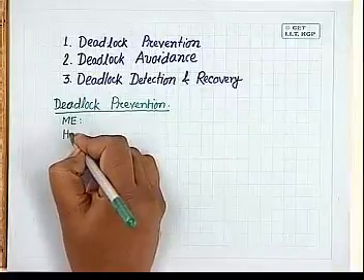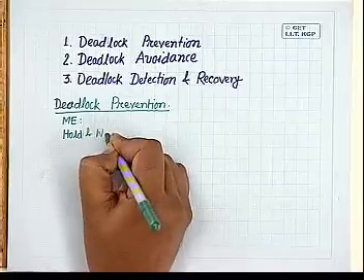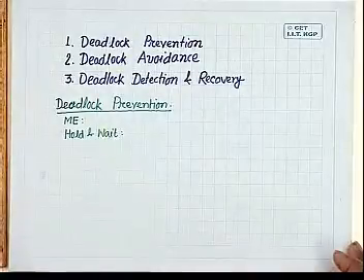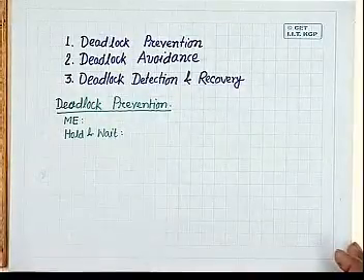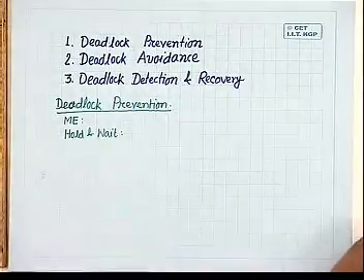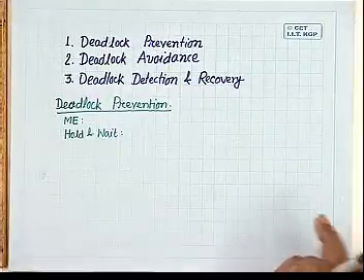The next condition is hold and wait. Let us see whether this hold and wait condition can be broken. Hold and wait says that a process requests additional resources while holding other resources. So here I can put a restriction that a process can request a resource only when it is holding none.